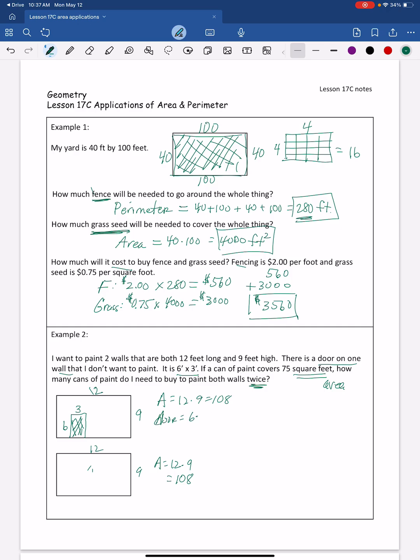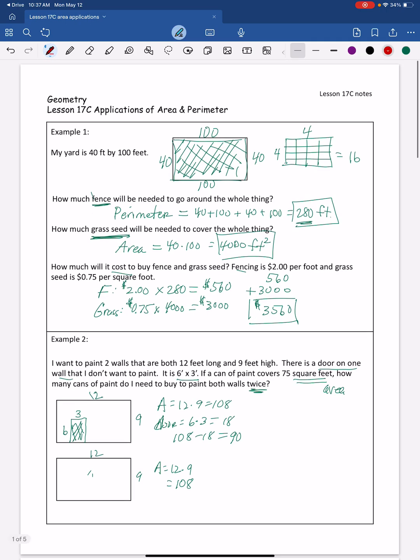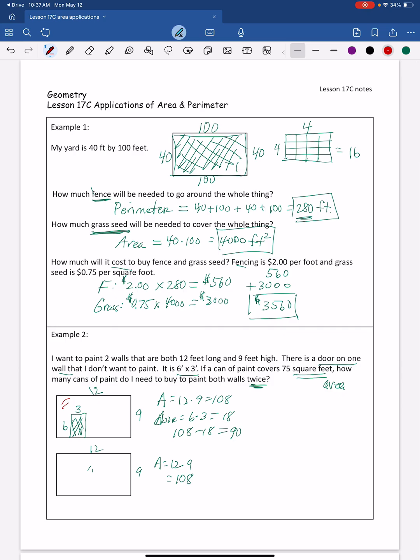Okay, and the door is 6 times 3, which is 18. So the amount that I'm going to paint on this one is going to be 108 minus 18, or 90 square feet. So on this first rectangle up here, I'm going to paint 90 square feet. And on the second one down here, I'm going to paint 108 square feet.